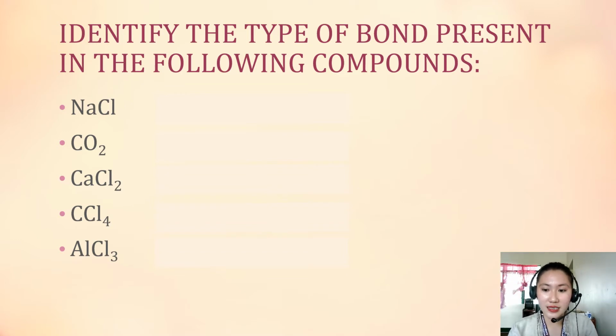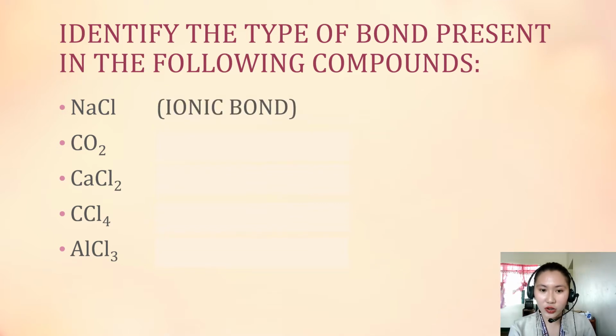So, Na is a metal. Sodium is a metal. Cl naman, it is in the group of halogens. Okay, so it means it is a non-metal. So, NaCl is a combination of metals and non-metals. This means it is a what type of bond? Very good, ionic bond. Bonding between metals and non-metals.